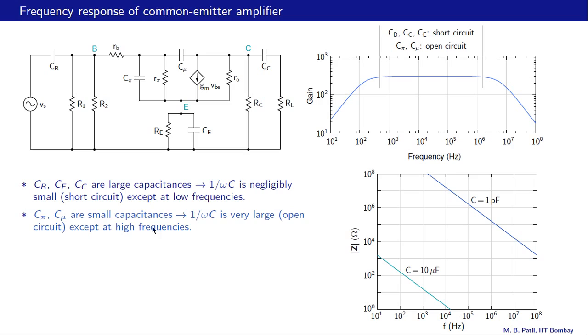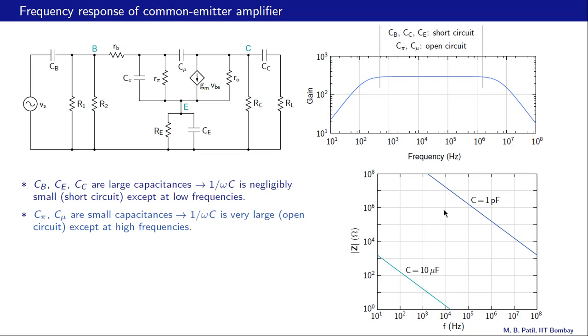On the other hand, the capacitances Cpi and Cmu, the device capacitances, are small. They are in the picofarad range, and for these 1 over omega c is very large. That is, they are like open circuits except at high frequencies, and we can see that also in this plot here. This is 100 mega ohms, this is 1 mega ohms.